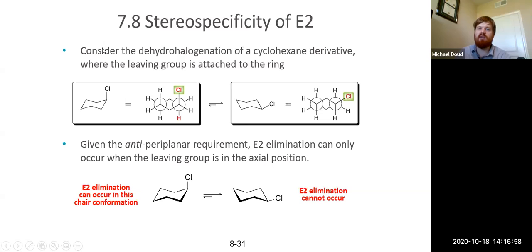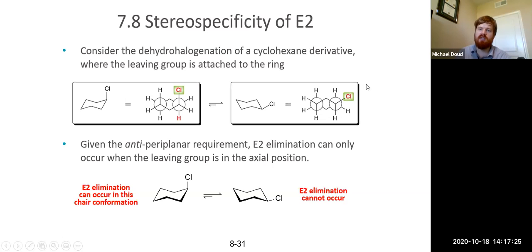When you have a dehydrohalogenation reaction, that's the E2 reaction of a cyclohexane derivative, the leaving group and the beta hydrogen, remember, have to be anti-periplanar, right? So when chlorine's in the equatorial position here, its anti group is the other part of the cyclohexane ring.